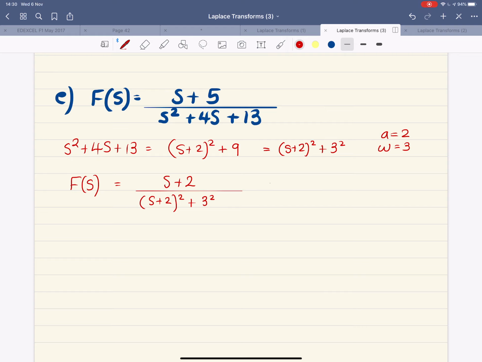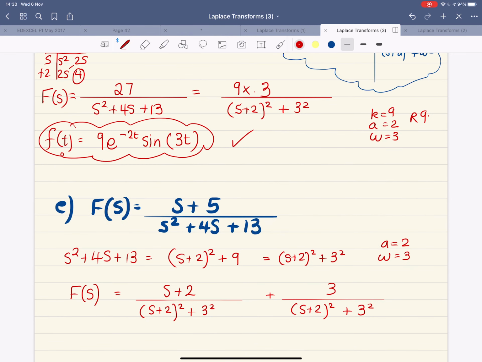But we also have another 3, because we actually want 5 on the top there, and we've only got a 2. So we separate out that extra 3, over (s plus 2) squared plus 3 squared.